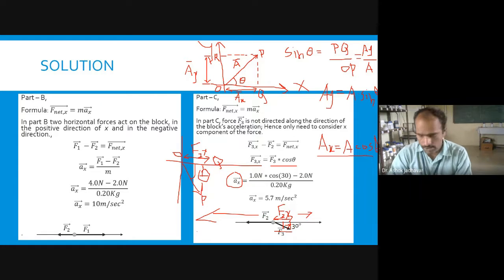Tell me whether there is any mistake. Just try to calculate this answer and tell me what will be the answer. Whether this answer is correct or something is missing here.